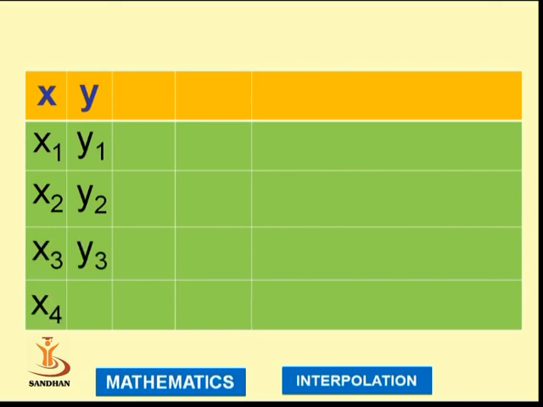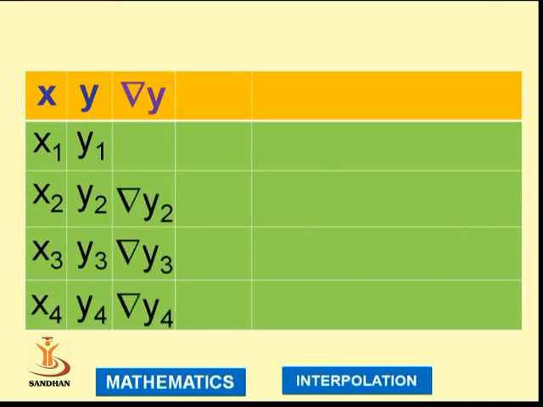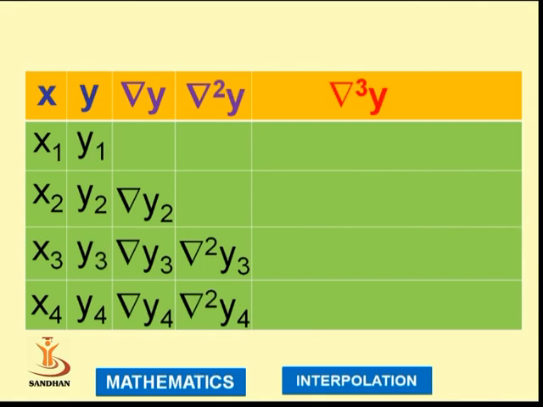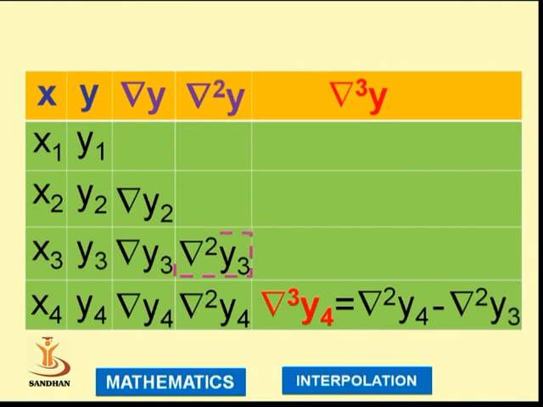So given the table of 4 points, we already computed the 3 first order backward differences as well as the 2 second order backward differences. Now let us compute the third order backward difference, which is given by the difference of the second order backward differences. So Δ³y4 is equal to Δ²y4 minus Δ²y3.